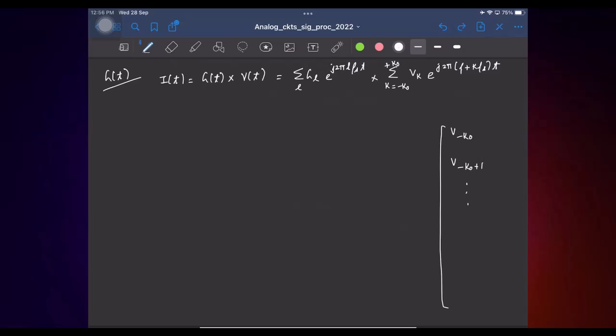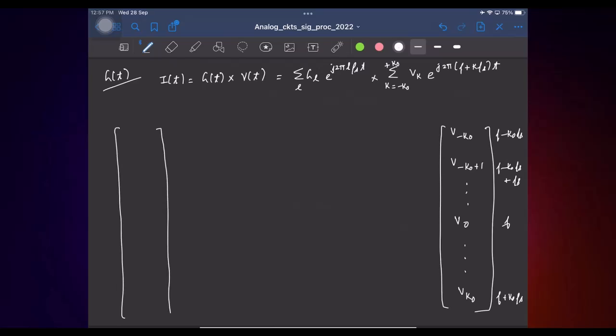The first row gives the strength at frequency f minus k0 fs. This gives strength at f minus k0 fs plus fs. This is at f plus k0 fs. Similarly, I'll try to find the strength of the currents at these frequencies.